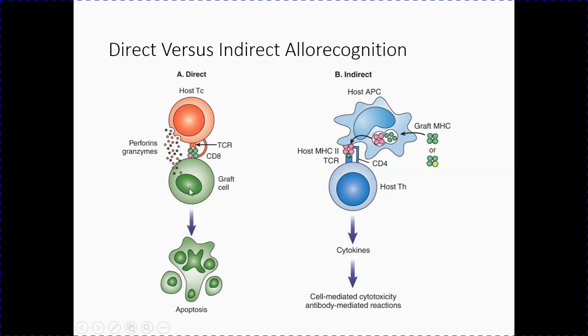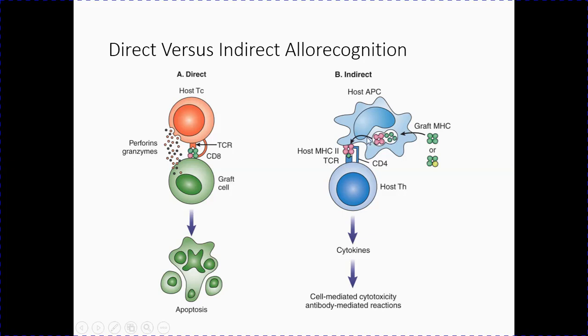Very straightforward. The indirect allorecognition is one where the antigen presenting cell takes up a foreign antigen and brings it into the cell. It's processed. This antigen came from grafted tissue, right? So grafted tissue is brought in. It gets processed by the antigen presenting cell.